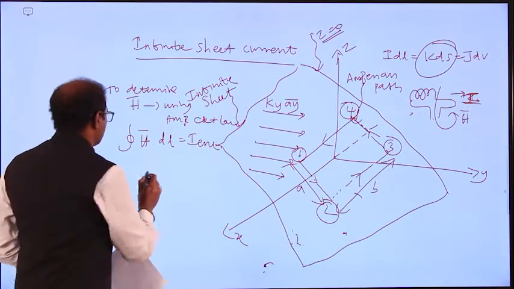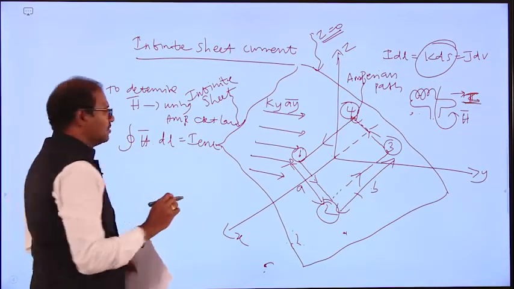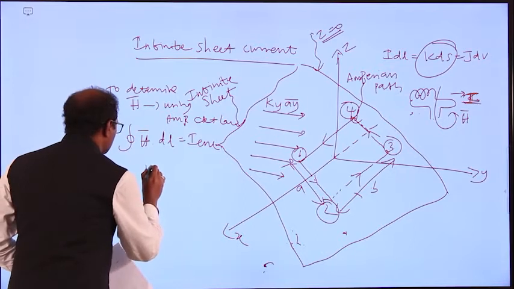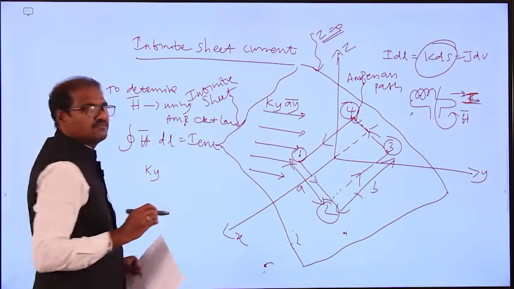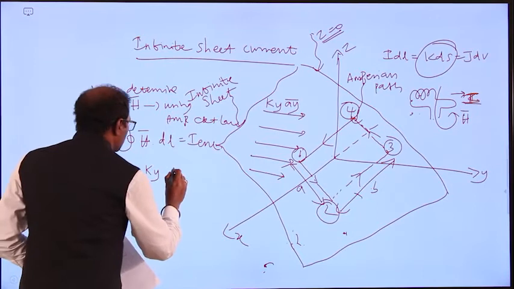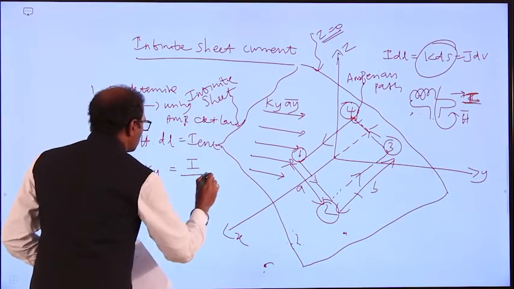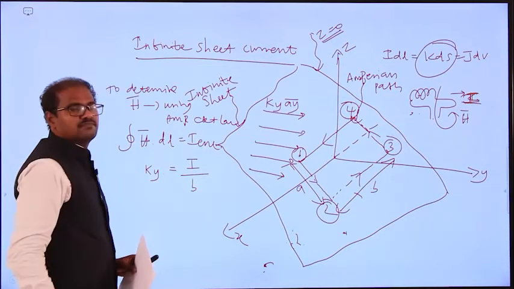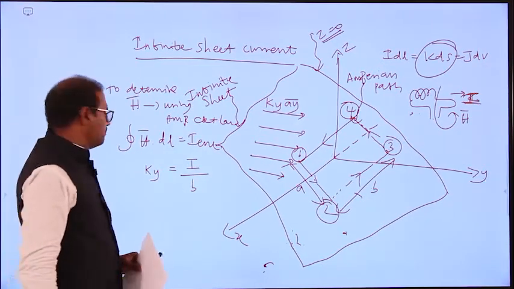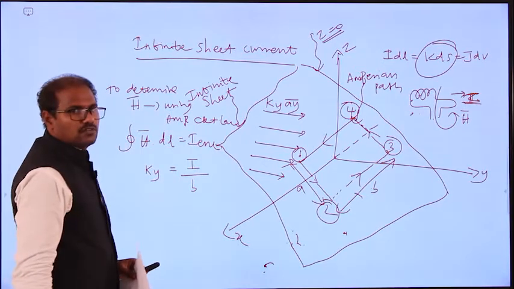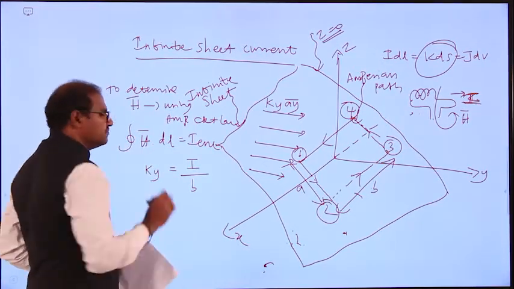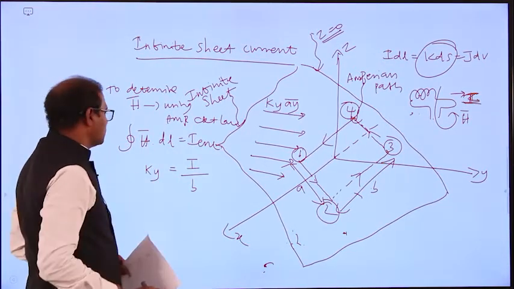Normally here we can go for the amount of current Ky, so the amount of current is moving perpendicular to the B. The general phenomenon for this: the current is moving on the surface along the y direction.